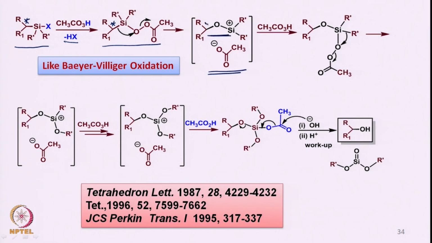Now here the chirality is not lost. This then reacts with another mole of peracetic acid, where peracetic acid attaches to the silicon here, forming this intermediate, and the remaining R primes, which are the carbon substituents, undergo a Baeyer-Villiger type of oxidation similar to the one I have shown here.